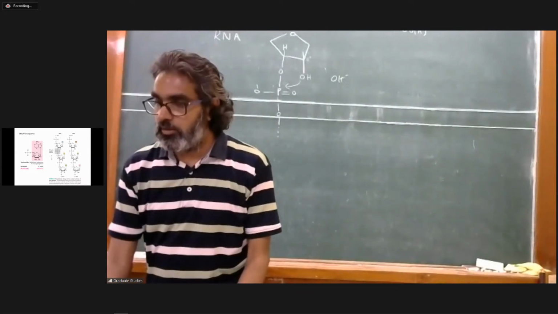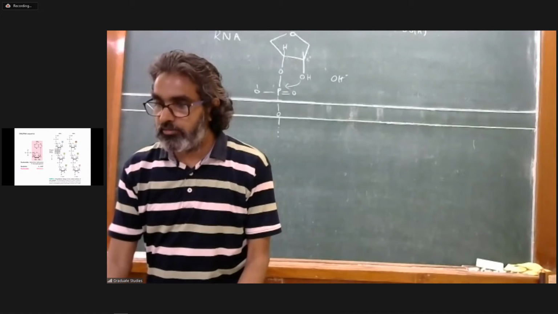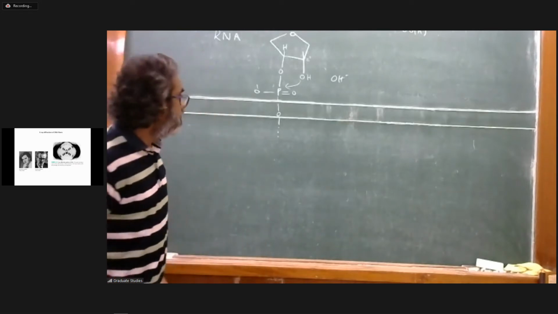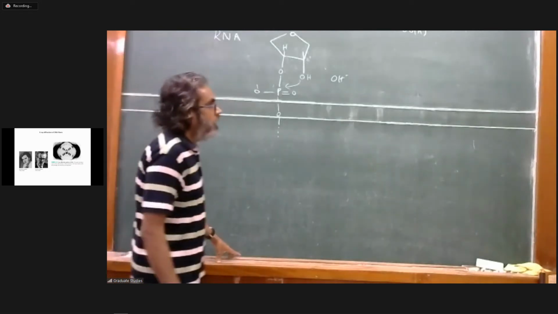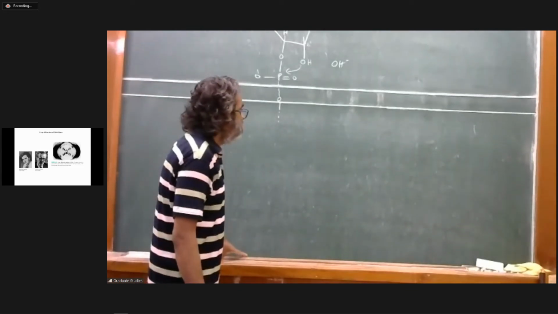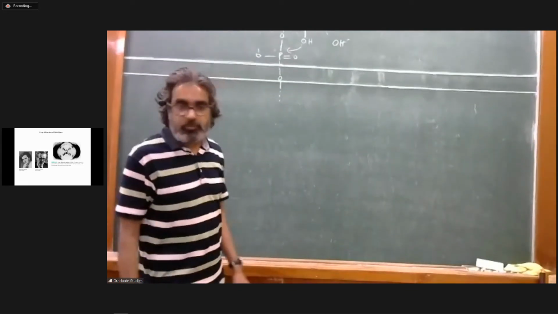Okay, so people have tried to look at the structure of these nucleotides, and of course, a lot of work has been done on DNA because DNA could be really purified in reduced quantities, and it basically forms kind of fibers.